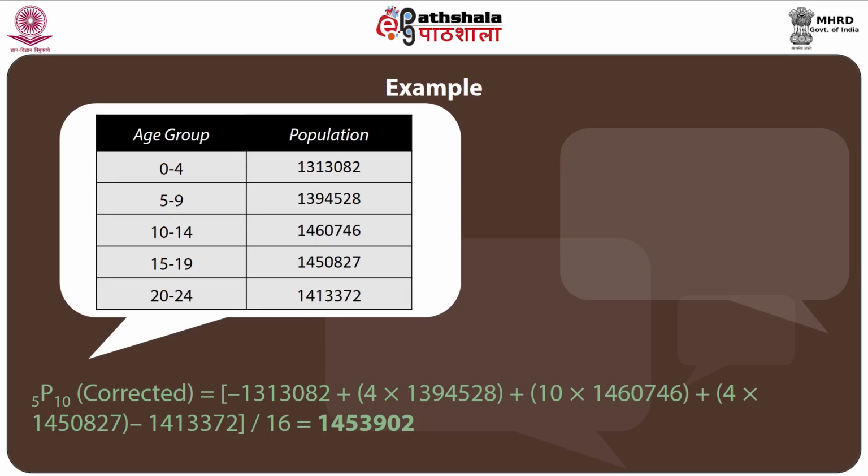Therefore, in case we need to correct the population in the age group 10 to 14, the corrected population is equal to minus of the population in the preceding age group, plus 4 into the population in that age group, plus 10 into the population in that age group, plus 4 into the population in the succeeding age group, and divided by 16.